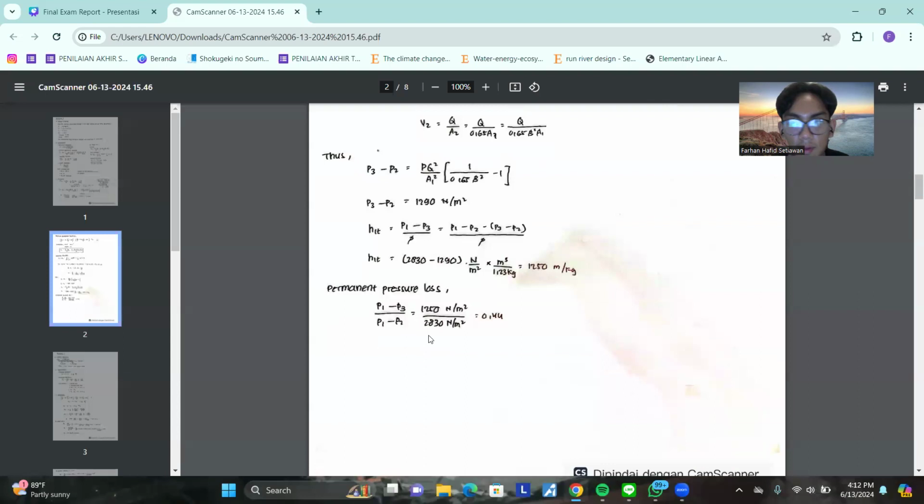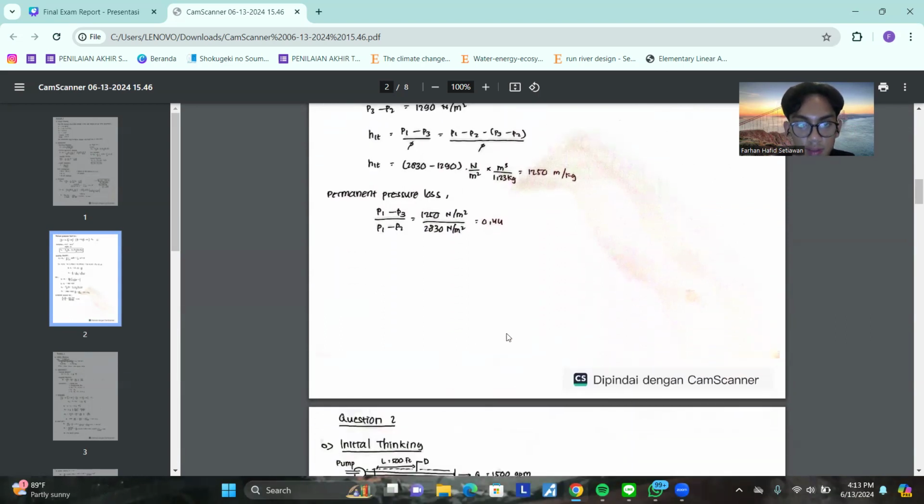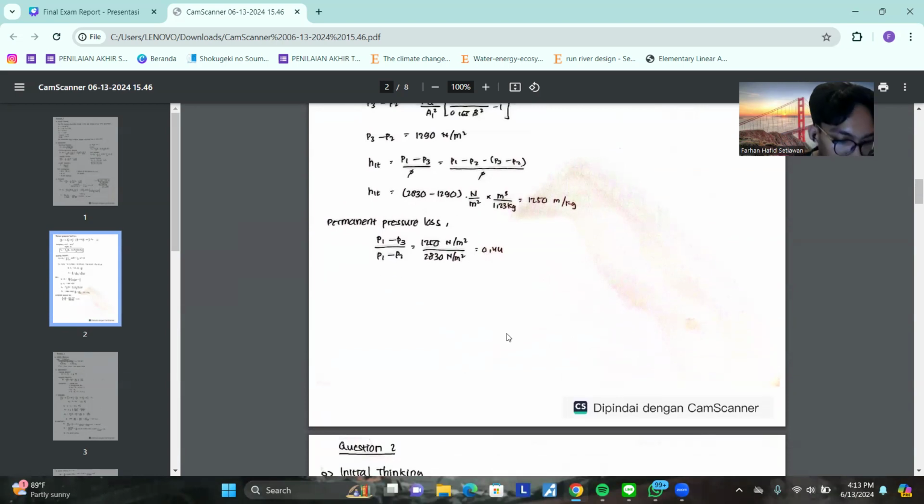And we got the pressure loss of this question: P1 minus P3 over P1 minus P2. From that we can determine the pressure loss, and we get a pressure loss of 0.44. The answer. Okay.